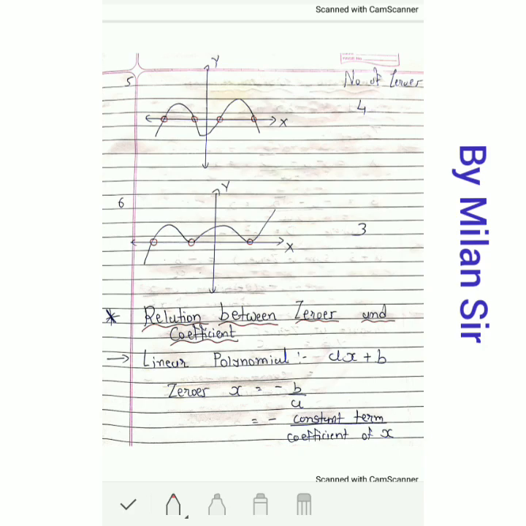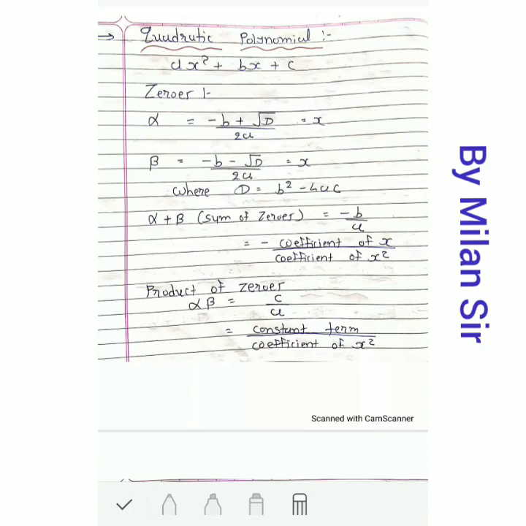Now let's move forward. Second thing, quadratic polynomial. First of all, the standard form of a quadratic polynomial is ax square plus bx plus c. Here the degree of the polynomial is equal to 2, the highest power of the variable, so that's why it is called a quadratic polynomial.